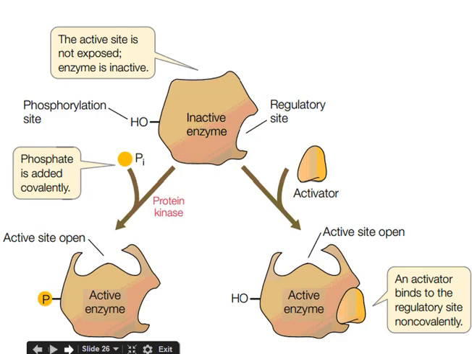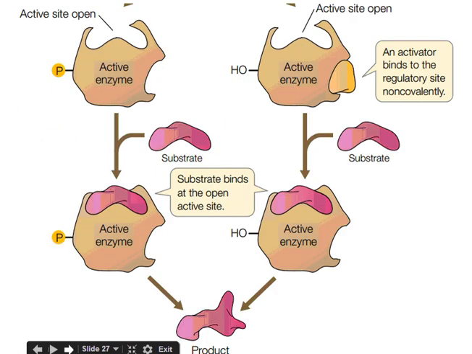And also, the idea of protein kinases, I'm going to skip that. I can't really do anything with phosphorylation or this side yet, so I'm going to mainly focus on the right side. Okay? So the activator comes in, turns on the active site. The active site can then attach the substrate, and then the substrate can be turned into a product with the active enzyme. Okay? So there's ways to activate enzymes and there's ways to shut them off.